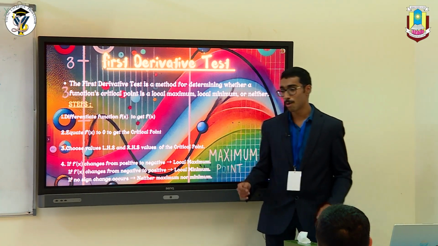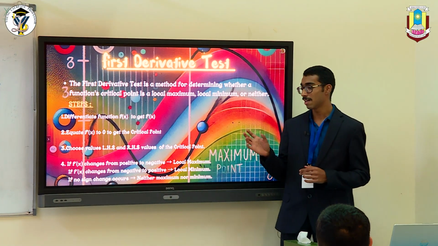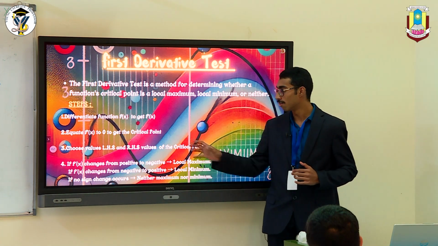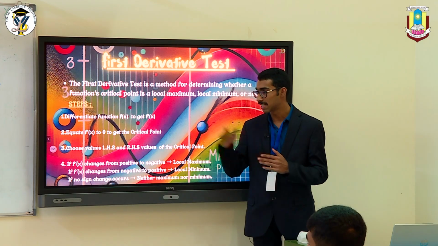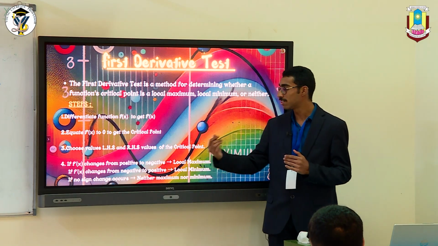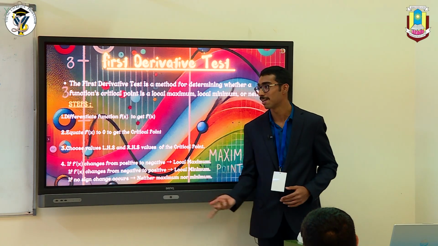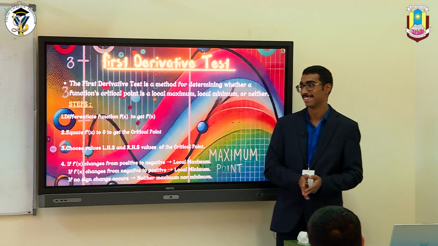Yeah, so critical points are like dummy values for the coordinate points in the graph. Critical points can be maxima or minima. We use the test to find if it's maxima or minima. So yeah, critical points are basically the points.